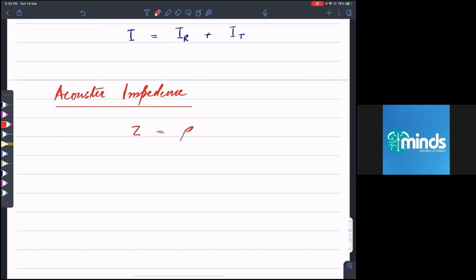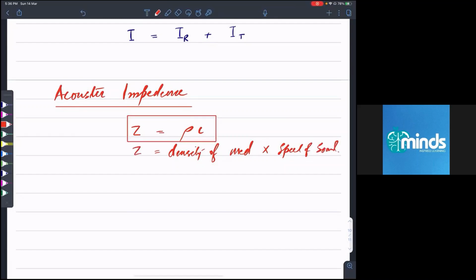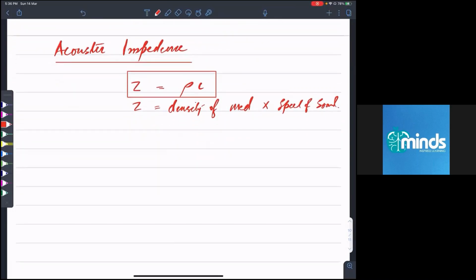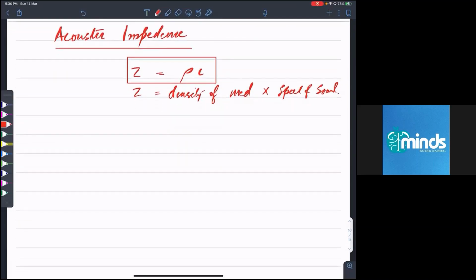Now, if you want to calculate this acoustic impedance, it is denoted by Z and it is equal to rho times C, where rho is the density of the medium and C is the speed of sound. So acoustic impedance is given by rho into C. The more the difference between the acoustic impedances of the two media, the more will be the reflected ray.